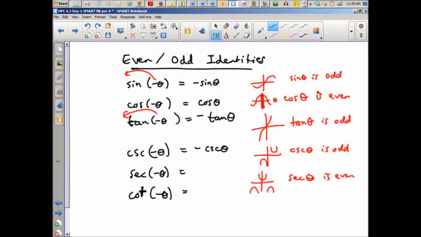And so you would actually just obliterate the negative, just pretend it never existed. And cotangent theta, this is a little bit hard to see. Like, what kind of symmetry is that? I don't know if you have your flashcards handy, but if you take out your cotangent flashcard and lay it flat on your desk and spin it 180 degrees, it's odd. So cotangent is also odd. So we'll be popping the negative out.